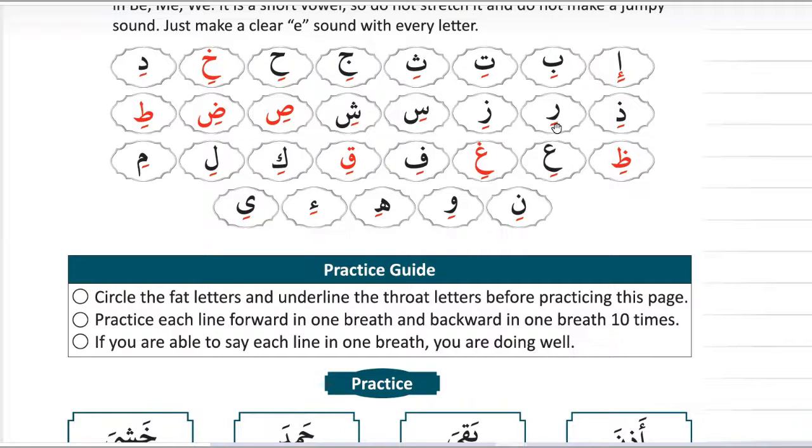Just like when you put something on your head, you find your head heavy, right? So the Ra is just like that. Whenever Ra carries a sign at the top, it remains heavy. But whenever you see a sign at the bottom of the Ra, it will be pronounced lightly. Okay, so inshallah we will practice it more, and you will get the idea and remember these signs inshallah ta'ala. So don't worry about these.